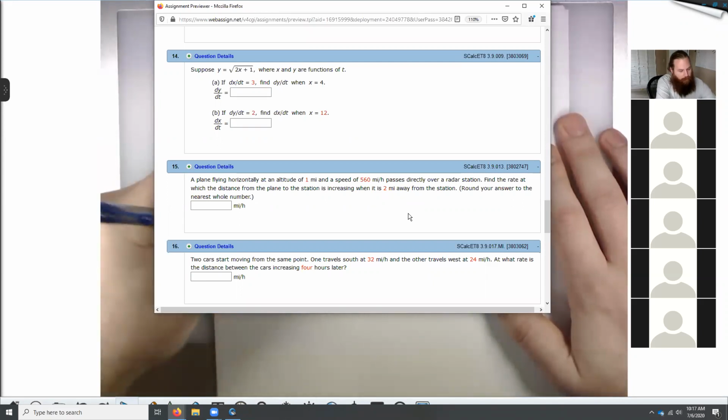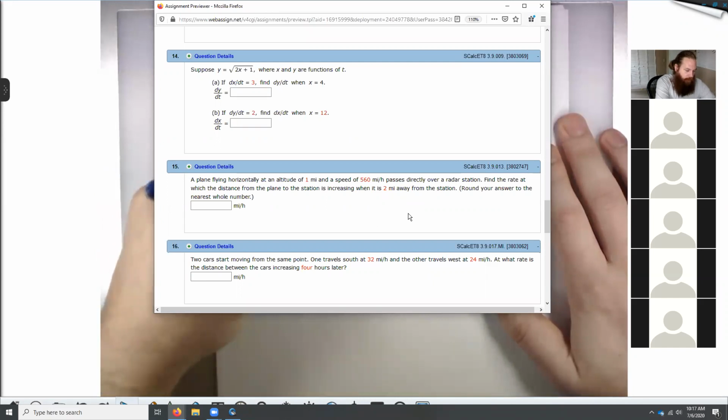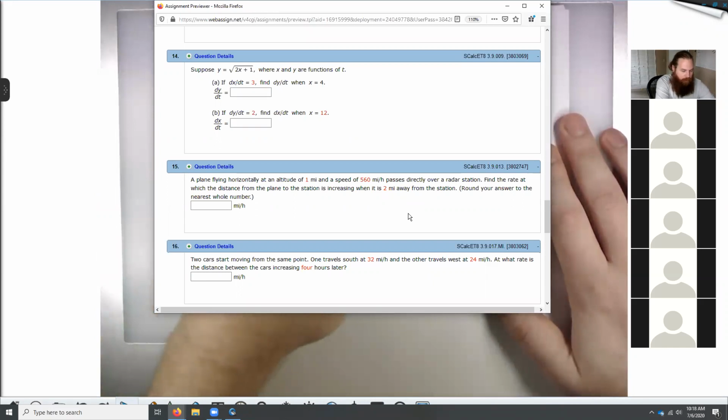That's part A. And part B says if dy/dt equals 2, find dx/dt when x equals 12.